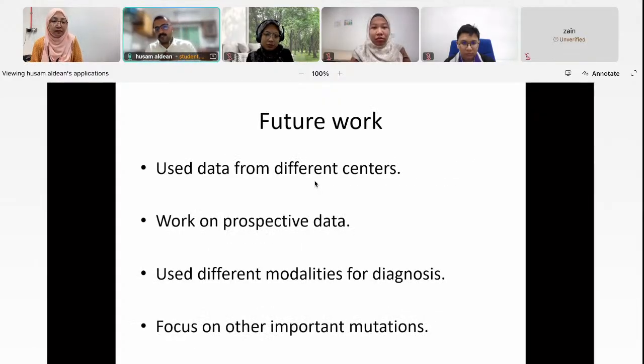So the future work will depend on data from different centers. They will work on prospective data to confirm the diagnosis in hospitals or centers, and use different modalities for diagnosis like flow cytometry, peripheral blood smears, etc., and focus on other important mutations like FLT3 in acute myeloid leukemia.